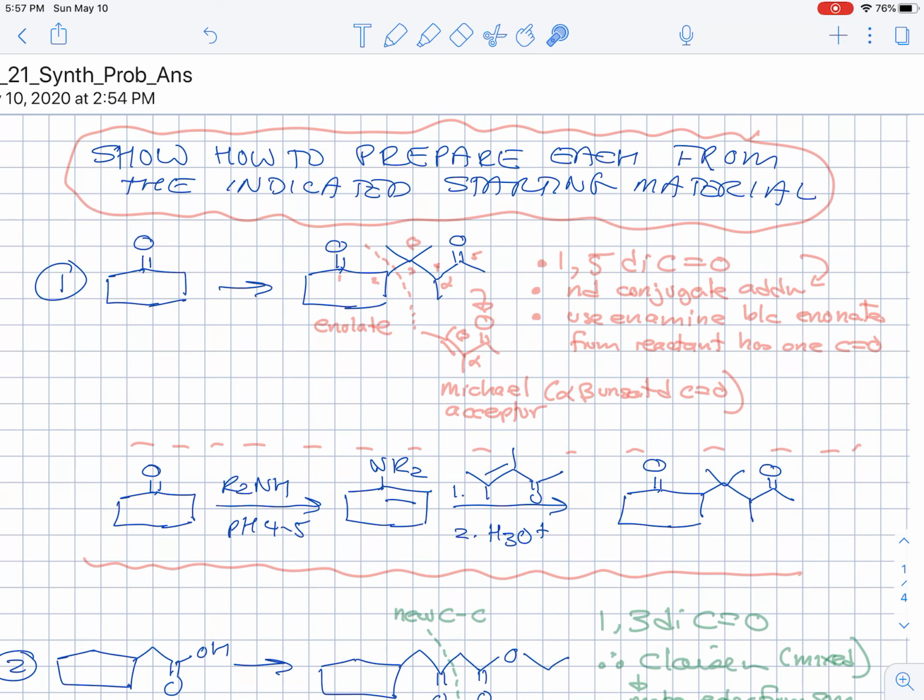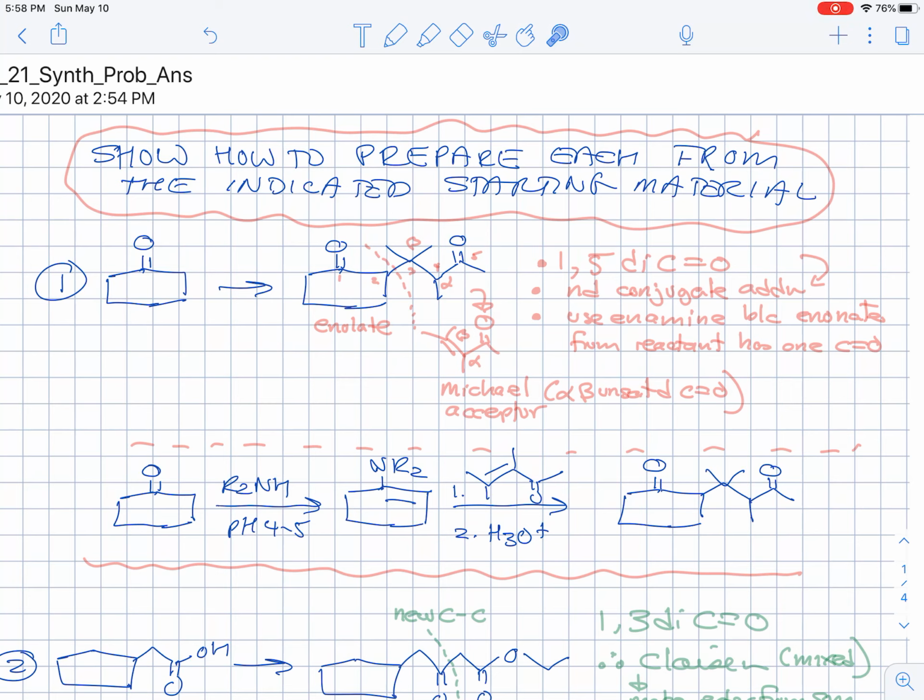So there's our new carbon-carbon bond. Also, we have a 1,2,3,4,5 dicarbonyl compound, and so we need some sort of a conjugate addition. And here we're going to use an enamine because the enolate piece is going to come from here, and the alpha beta unsaturated carbonyl compound, which is this piece working backwards, is going to come from this compound.